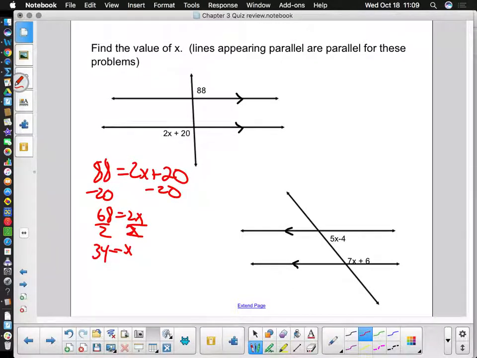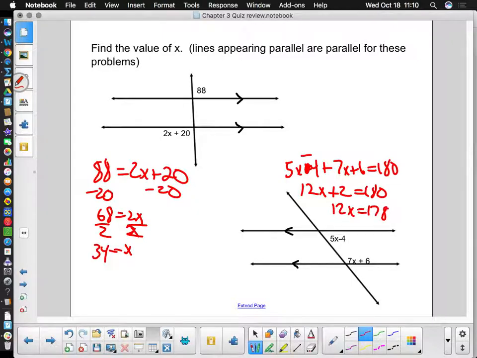Okay, they add up to 180. So 5x plus 4 plus 7x plus 6, you're right, equals 180. It's 5x minus 4. Okay. So that's 12x plus 2 equals 180. So 12x equals 178.